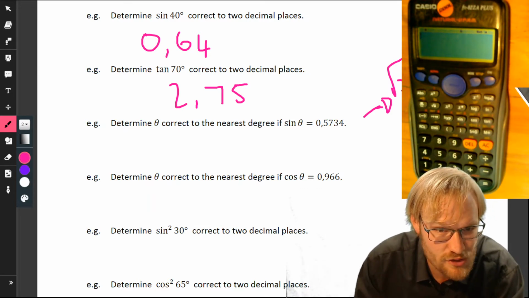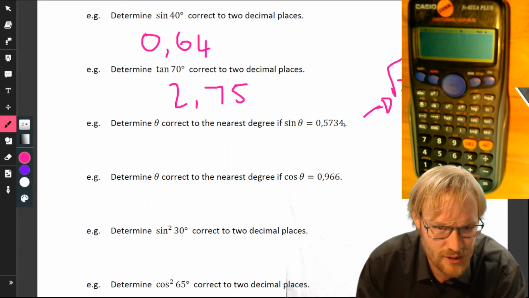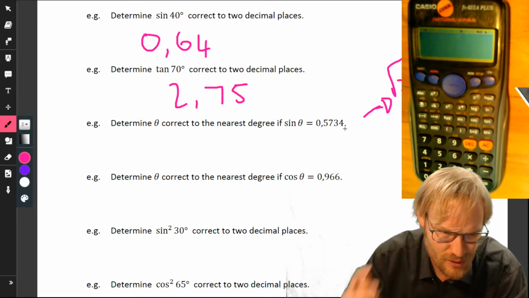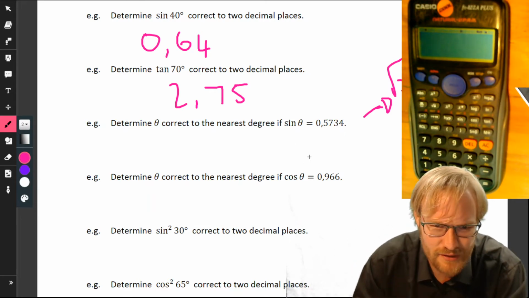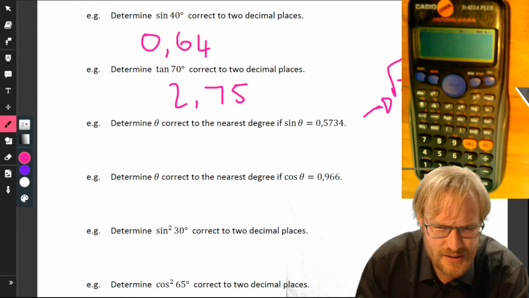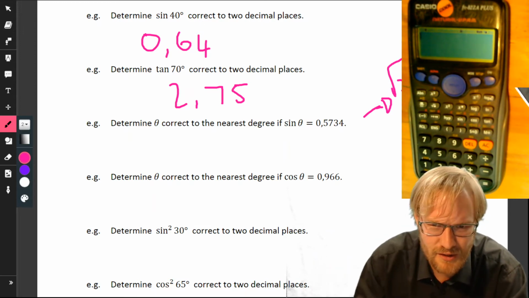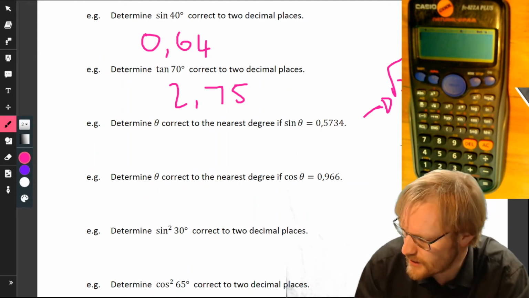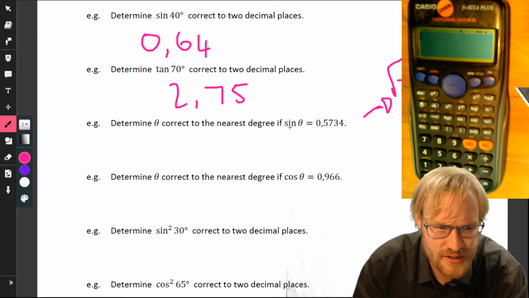And that's a good point to remember here with trig functions, because if sine theta equals 0,5734, there are actually infinitely many solutions, but we're just going to look at the one for now, our reference angle. So for now we're going, well, if squaring has this kind of opposite way of square rooting, what's the equivalent for doing sine?